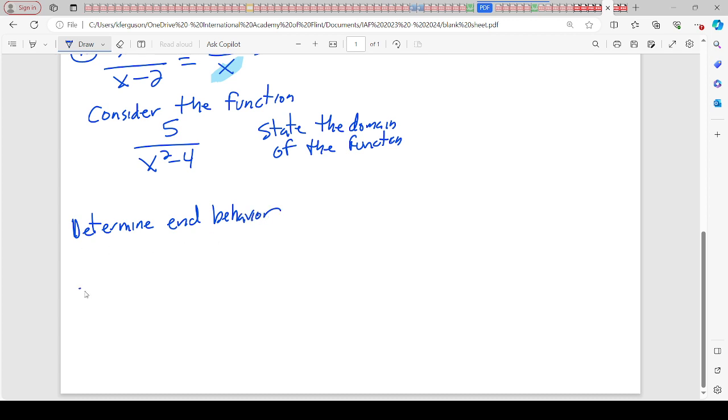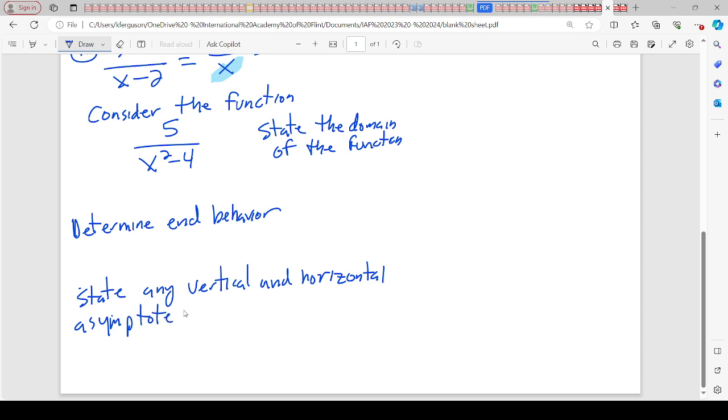And then finally, there's state any vertical and horizontal asymptote lines. Maybe I should learn how to spell. Asymptote or asymptotes lines. State any vertical or horizontal asymptotes of the function.